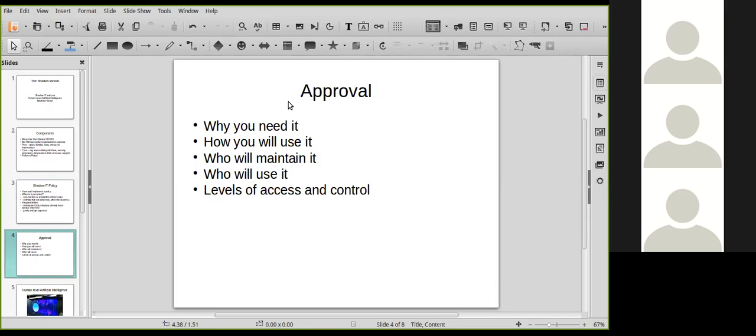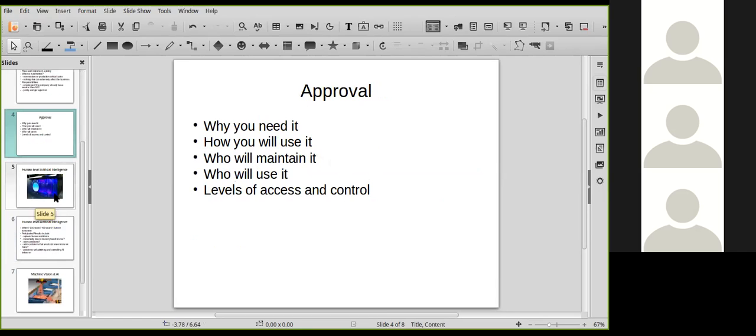And it's a very simple process. It can be just a one or two paragraph letter: why you need to use it, what you're going to do with it, who's going to be responsible for maintaining it, and who's going to use it. It's a very simple thing. So, if you do have a policy, follow the policy.